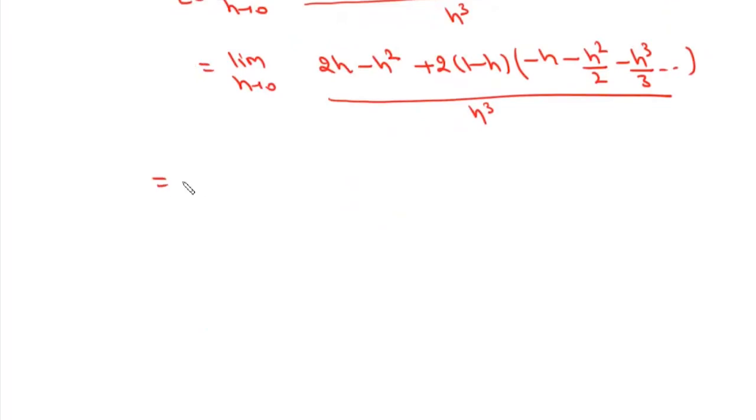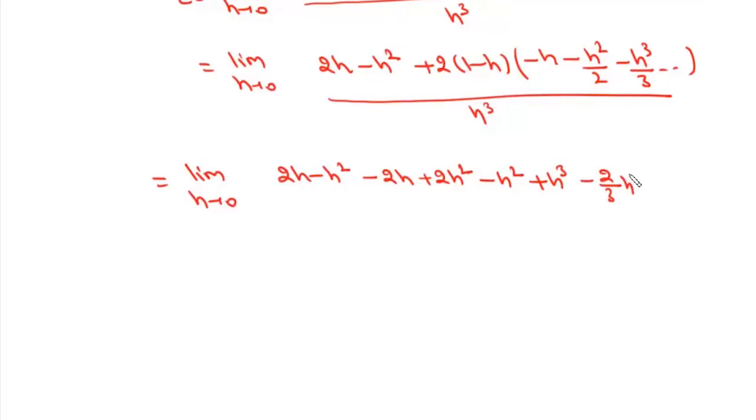Now if we simplify this, we can write this as limit h tends to 0 will be 2h minus h square, and there will be minus 2h plus 2h square, and then minus h square plus h cube, and then minus 2 by 3 h cube plus higher powers of h divided by h cube.